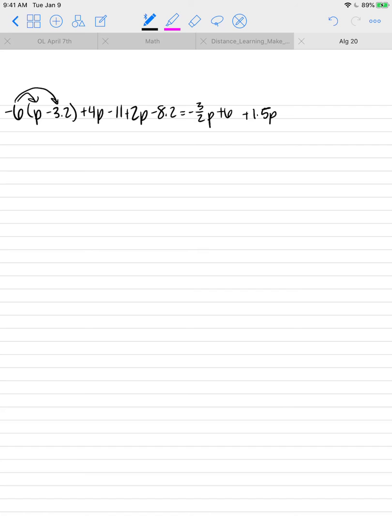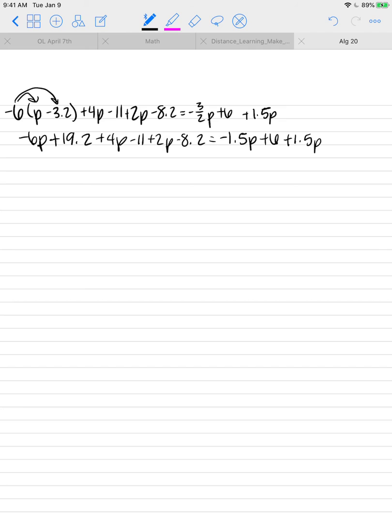So negative 6p plus 19.2 plus 4p minus 11 plus 2p minus 8.2 equals, this is the fraction that I'm going to turn into a decimal, so minus 1.5p plus 6 plus 1.5p. Now we've distributed.